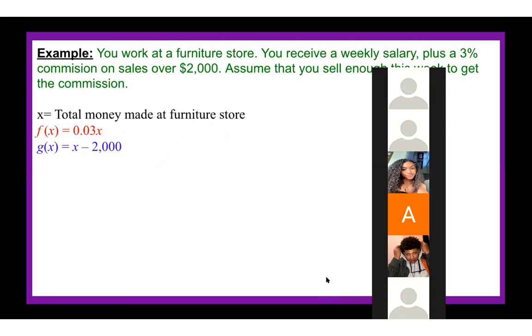Oops, I didn't want to undo everything. I just want to erase the bottom stuff. This one I'm going to label sales over 2,000, or sell, you know what, that's a better word.